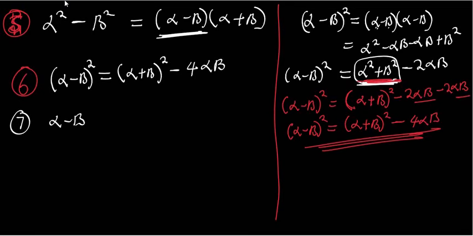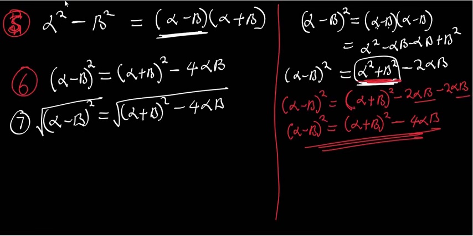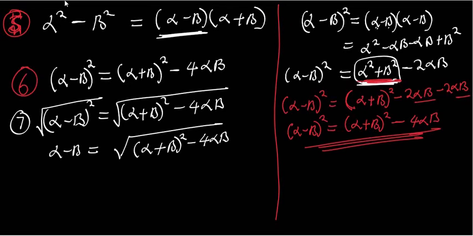On the same formula, I'll take the square root. Meaning that alpha minus beta is equal to the square root of alpha plus beta squared minus 4 alpha beta. So this is the identity that we are looking for. That's how you answer such type of identity.